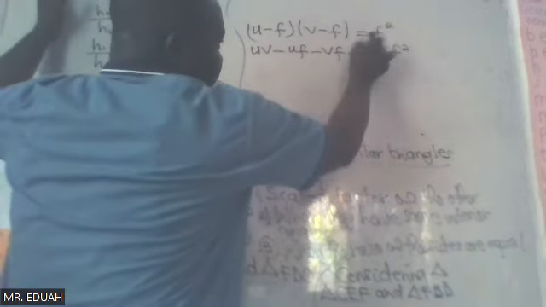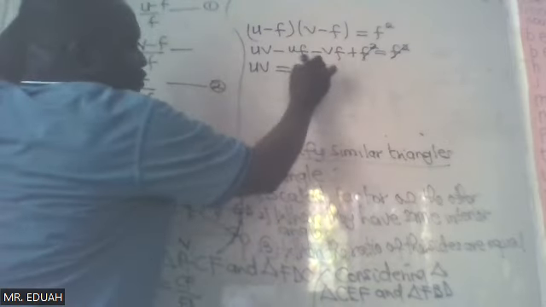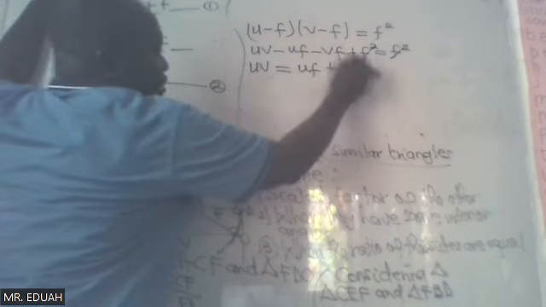Over here, we are using math. So clearly, f squared will cancel out when we send it to the other side. Okay, so we have uv; let's send all other negatives to the other side of the equation: uf positive plus vf positive.